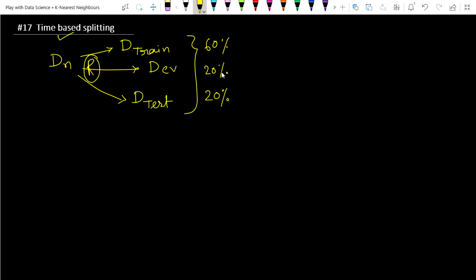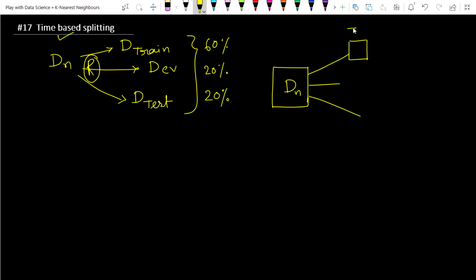Okay, this means if you consider a data set, suppose this is our Dn, and now we are interested in finding 3 kinds of data sets: train, cross validation, and test. Suppose this is a small chunk from this Dn data set.